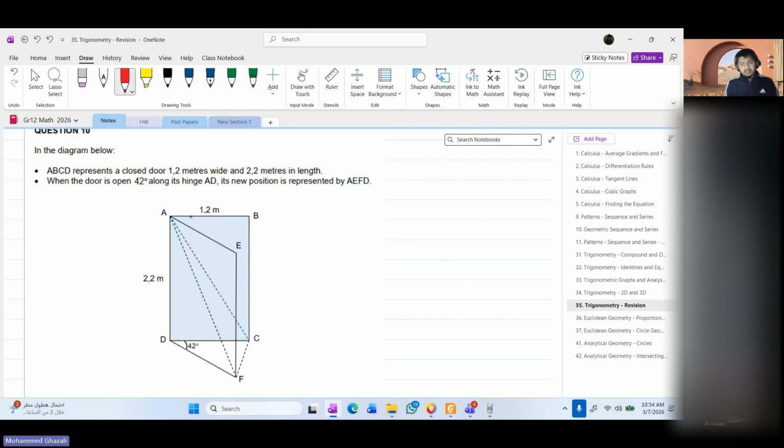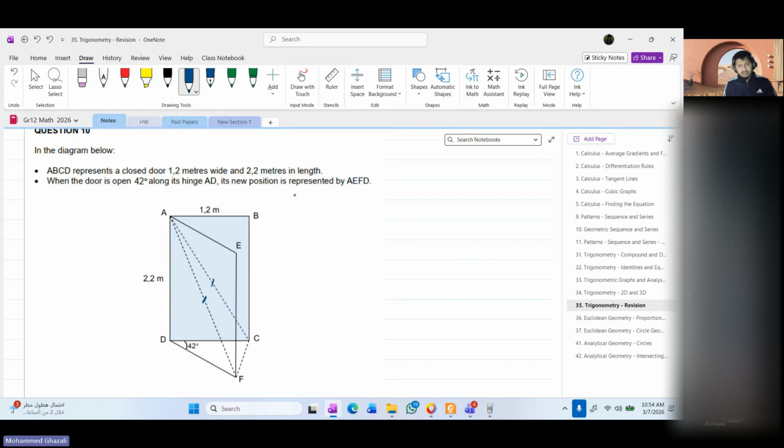And by the way, it's not this angle here, right? They're making their own imaginary triangle inside. So what we can say at the moment is that AF is equal to AC. We want to find this angle here, right? So AF is equal to AC, diagonals of rectangle.